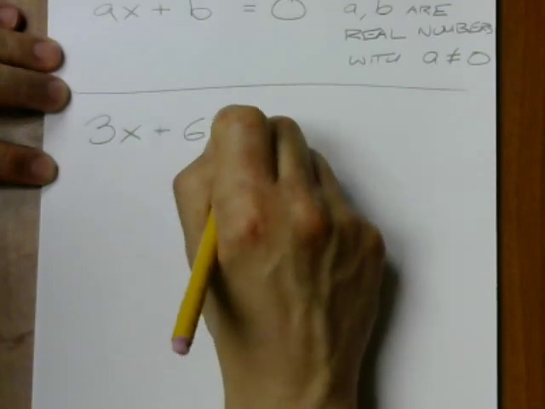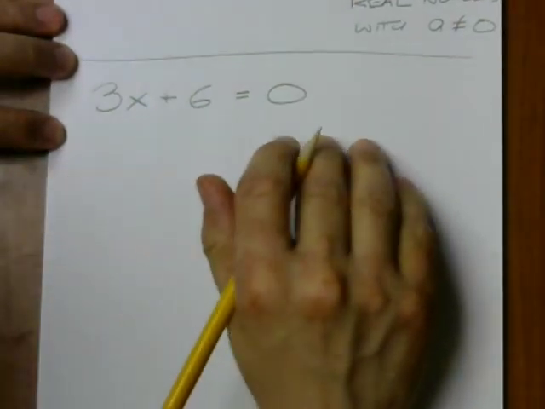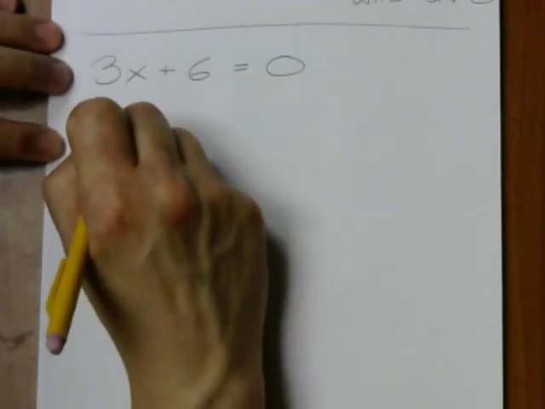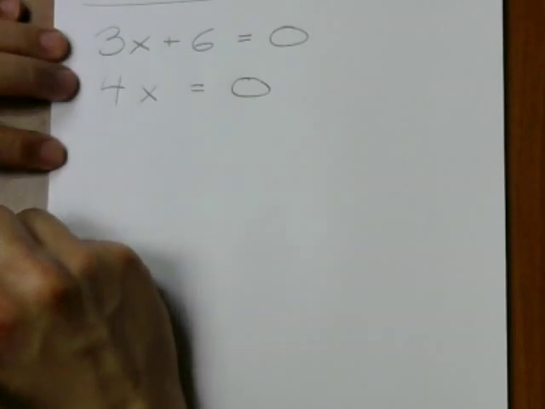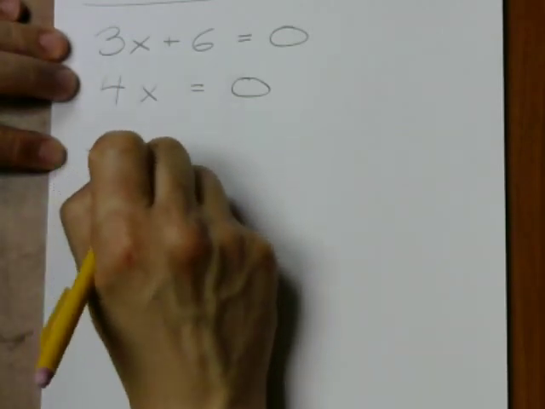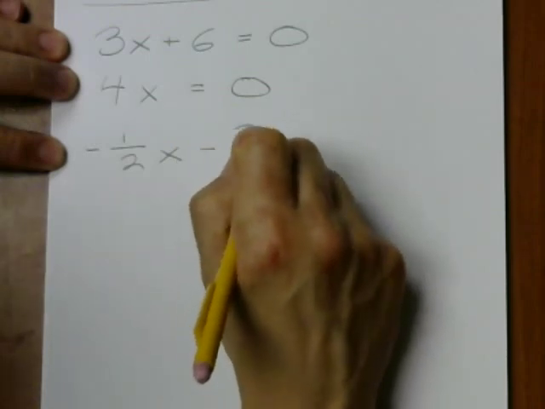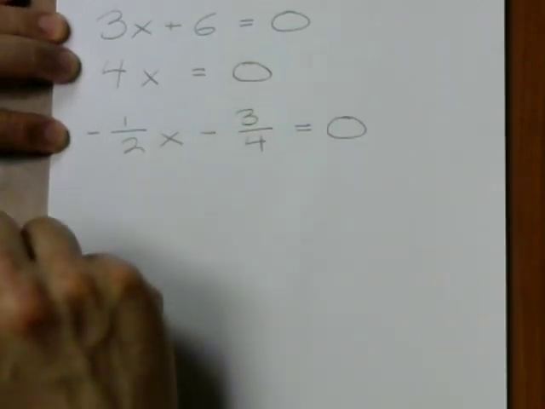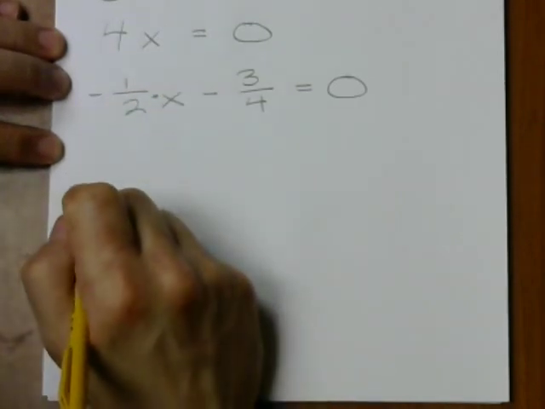3x plus 6 equals 0, that is an example of a linear equation. If I have something like 4x equals 0, that's a linear equation. Negative 1/2 x minus 3/4, that's a linear equation. Keep in mind this means negative 1/2 times x.